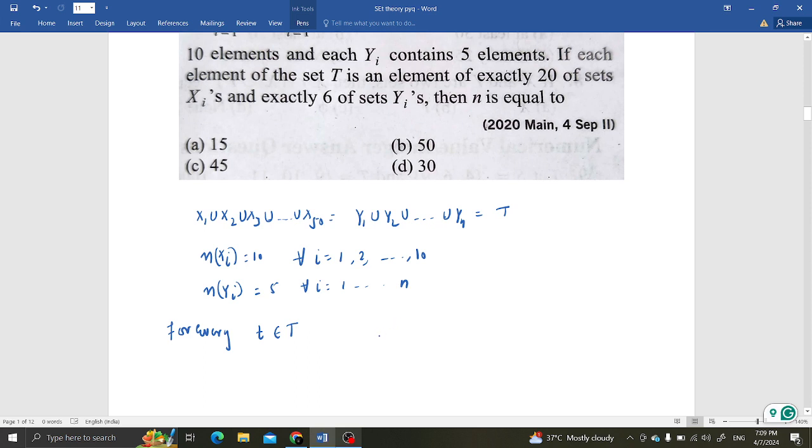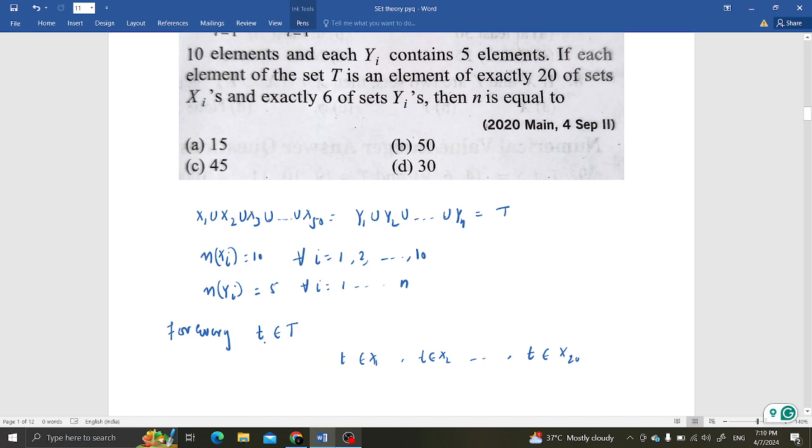That means suppose we have X1, X2, X3, 20 sets. Each element of T is also in X1. Without loss of generality, I will assume this. T is also in X2, up to so on, T is also in X20. Here I am taking it like that.